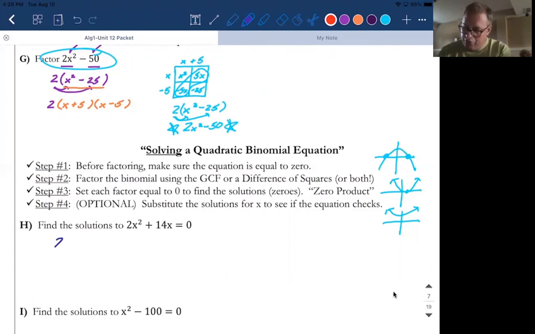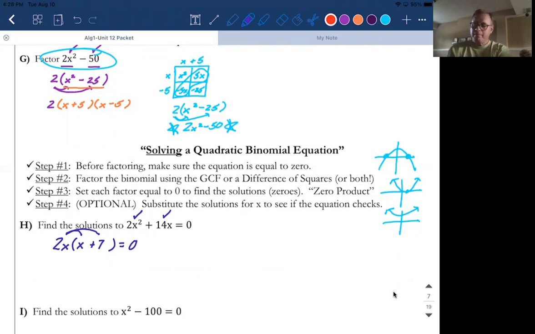I can remove a greatest common factor of 2x from 2x squared, which would leave me an x, and I can remove a 2x from 14x, which leaves me a 7. Still equal to 0. Now, does it check? 2x times x is 2x squared. 2x times 7 is 14x. Yes. If that is not correct, then I should not go any farther.